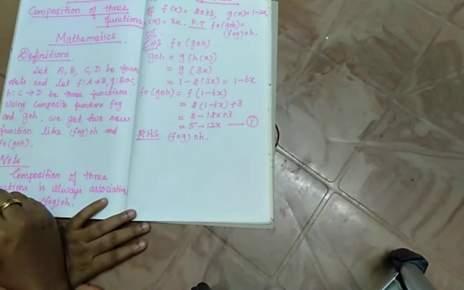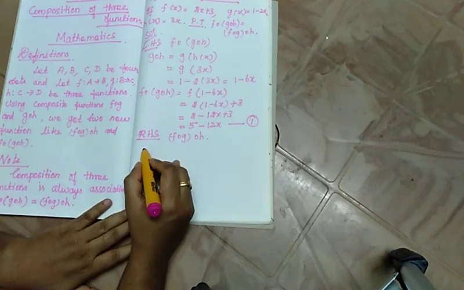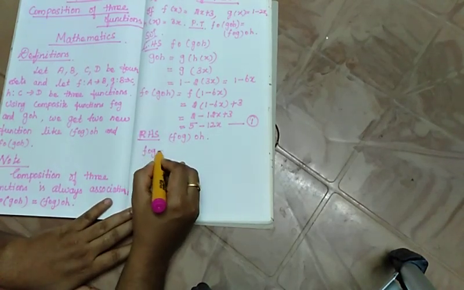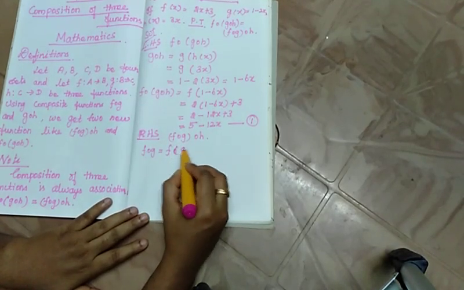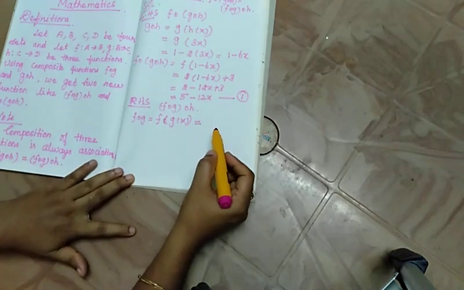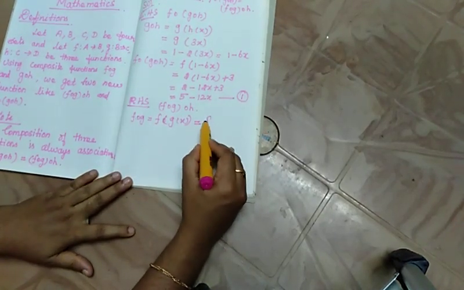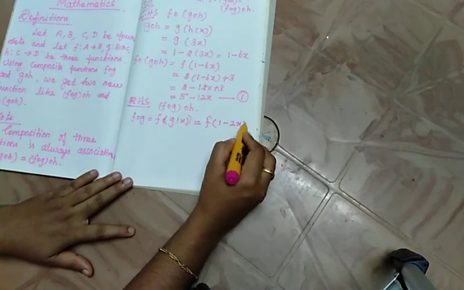So first what is in the bracket? Let's find out. What you'll get is f of g, which we can write as f of g of x.